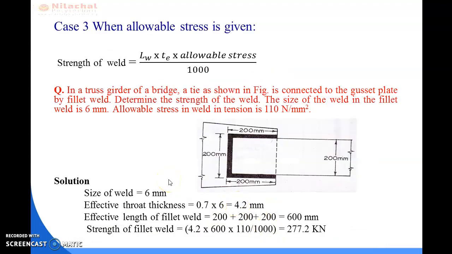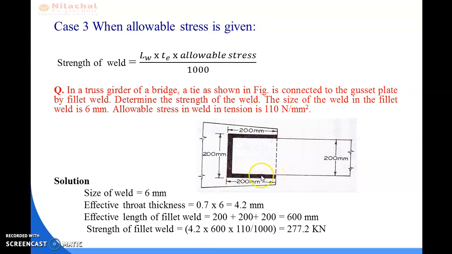Now we have the value of size of the weld, which is 6 mm, and you can see this in the figure also given in the question. So this bigger one is a gusset plate, okay, to which this rectangular plate is connected with the help of a welding connection, which is a fillet welding condition.